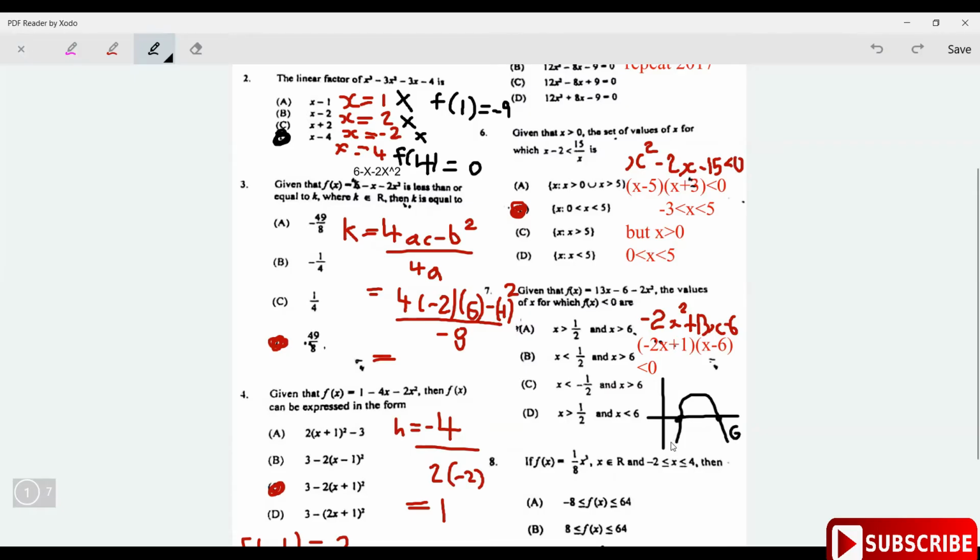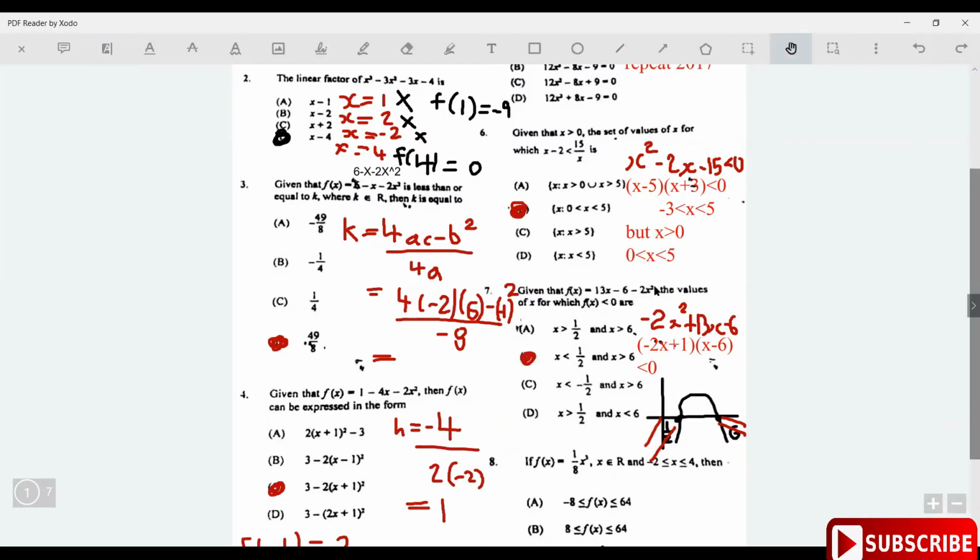And you want when it is less than 0. So it's less than 0 out here. Out here is where it is less than 0. So it's less than 0 when x is less than 1/2 and x is greater than 6, which is option B. Easy.